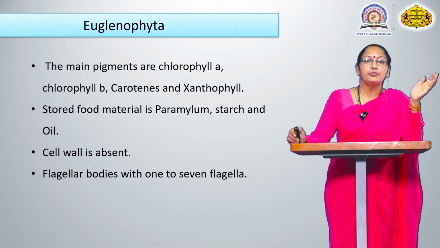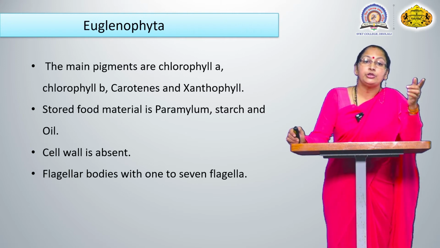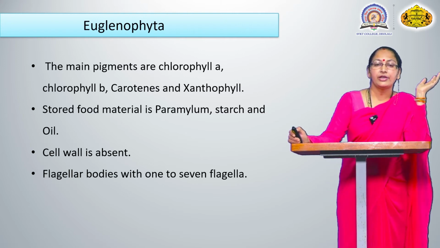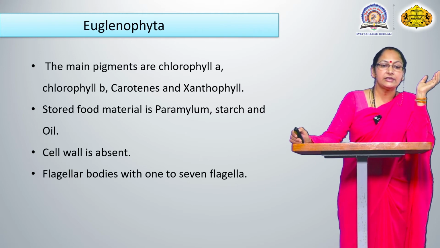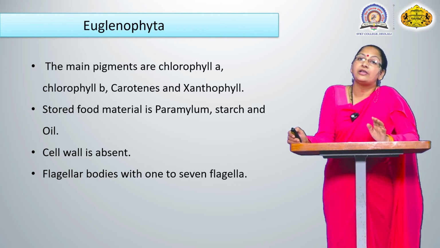Sometimes in the exam, the MCQ asks whether in Euglenophytes the cell wall is present or absent. It is very important, a peculiar characteristic of the Euglenophyta. Focus, please. Cell wall is absent in Euglenophyta. Okay, student. Then next one is flagellar bodies with 1 to 7 flagella present.